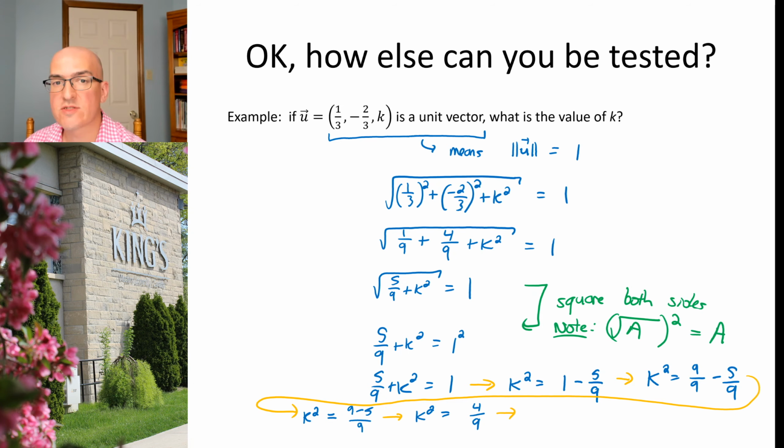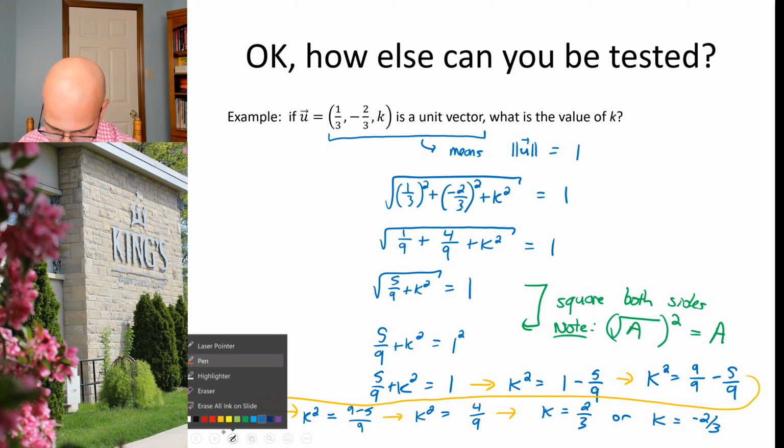And then what squared gives you 4 over 9? Well, k could be 2 over 3, or k equals negative 2 over 3. So we get two answers.